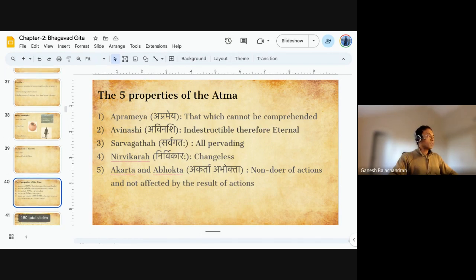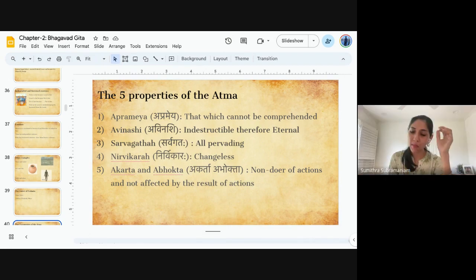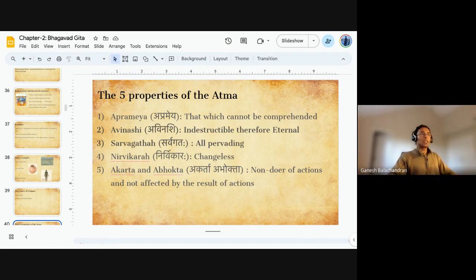The nature of Jiva. Yeah, that's Atma, correct. And what about the middle 6 chapters, Madhyama Shatkam? Ishvara Swarupam. Yeah, it's about Ishvara.